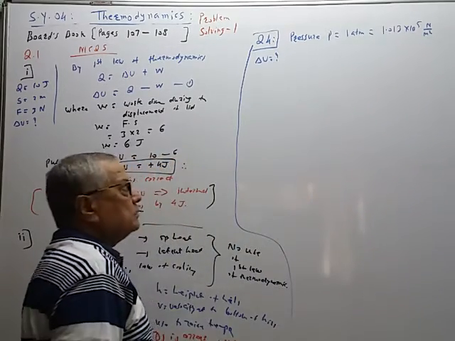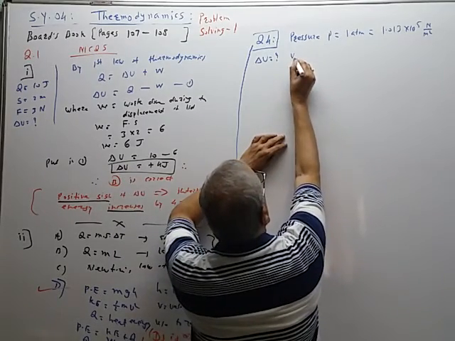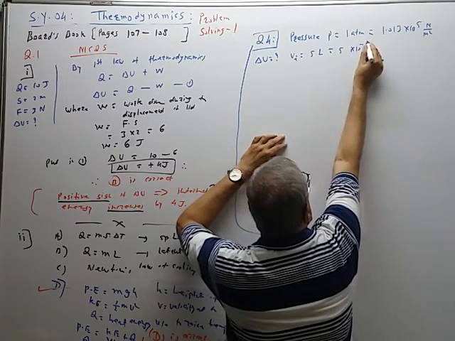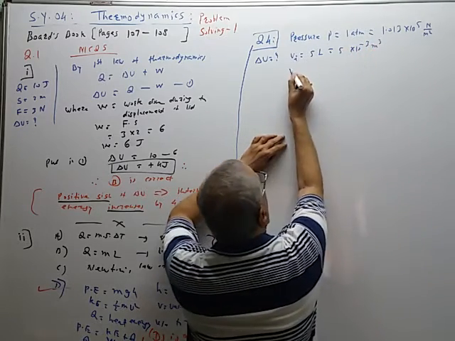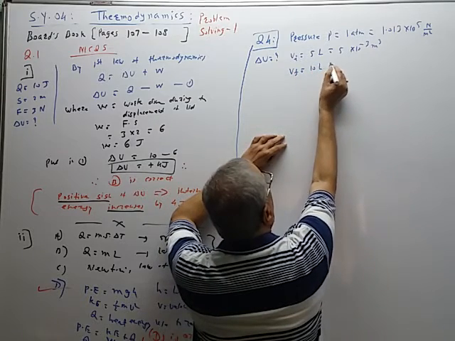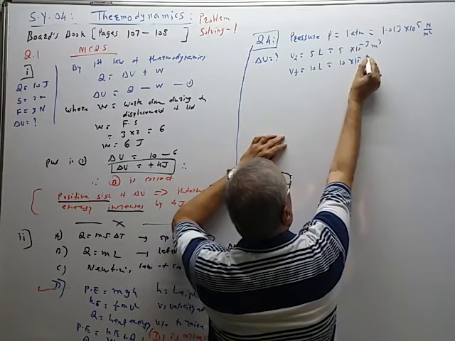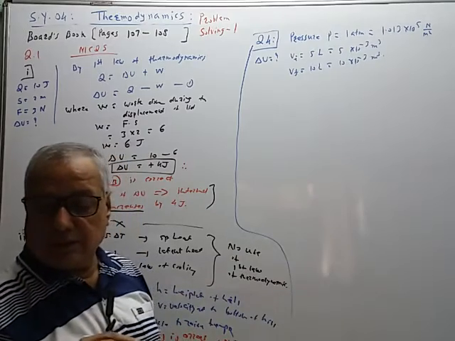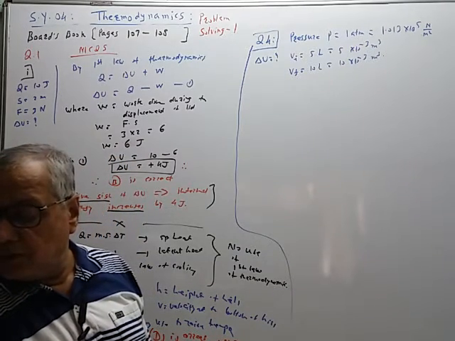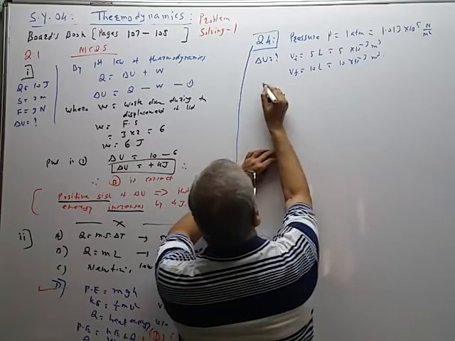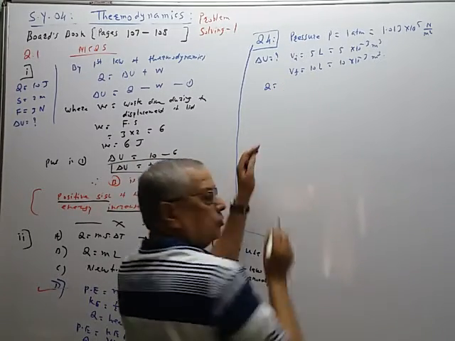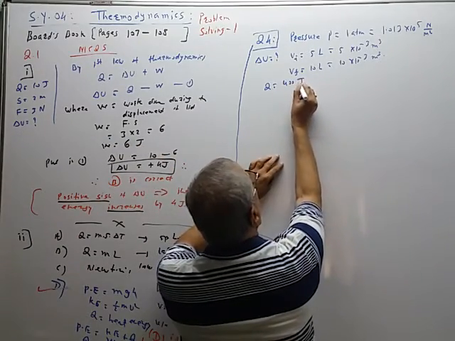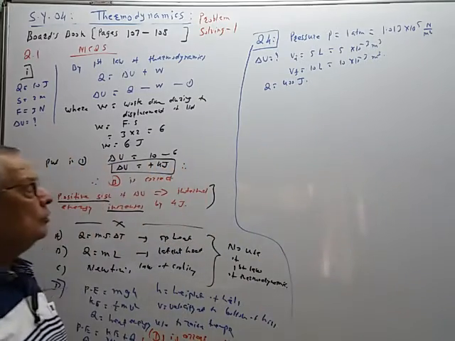ADG चा फॉर्म्युला आपण यूज केला NTP साठी. इनिशियल वॉल्यूम दिया है is equal to 5 liter is equal to 5 into 10 raised to minus 3 meter cube. Final volume VF is equal to 10 liter is equal to 10 into 10 raised to minus 3 meter cube. And this heat absorbed Q is equal to 400 joule. Delta U is equal to question mark.